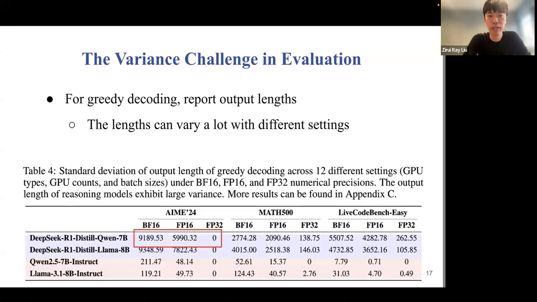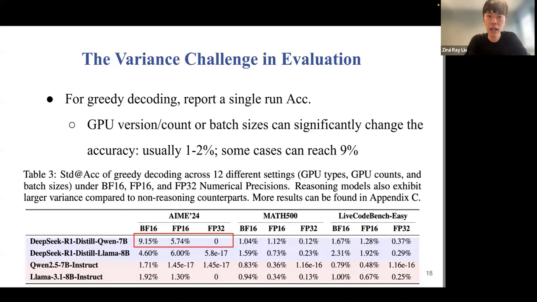I will briefly walk through the results. The first thing is that with greedy decoding, if you change the configuration, your final output length can vary significantly, like a 10,000 token variance. Your final evaluation result variance is also very large. Here the number is the standard deviation of your final accuracy.